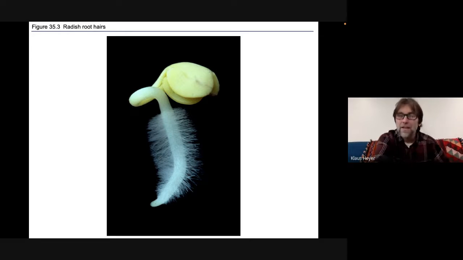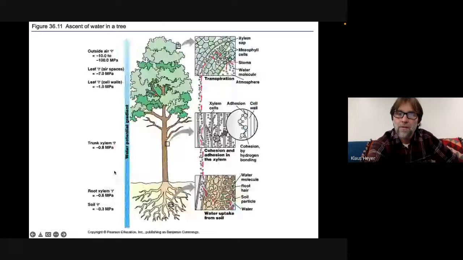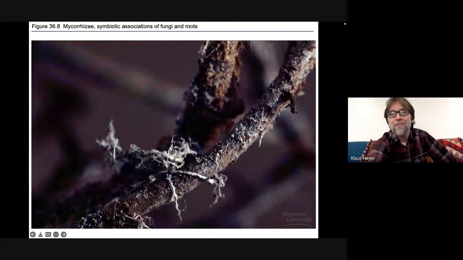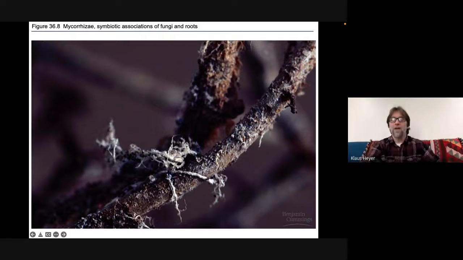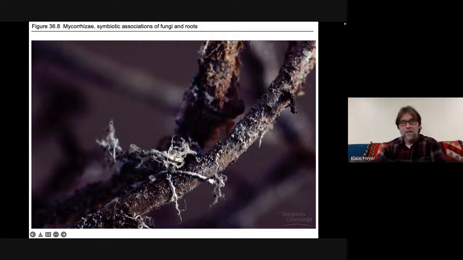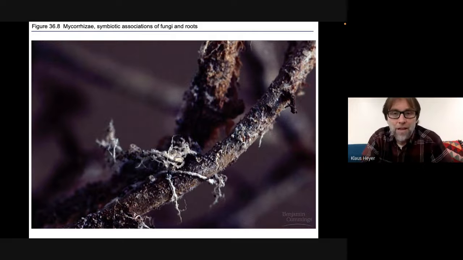So outside these root hairs, there's fungus out here, like this, right? On this thing, you can't even see the root hairs, that's how small they are. So they help, but they don't help as much as this fungus. This fungus is living either on or inside the plant.